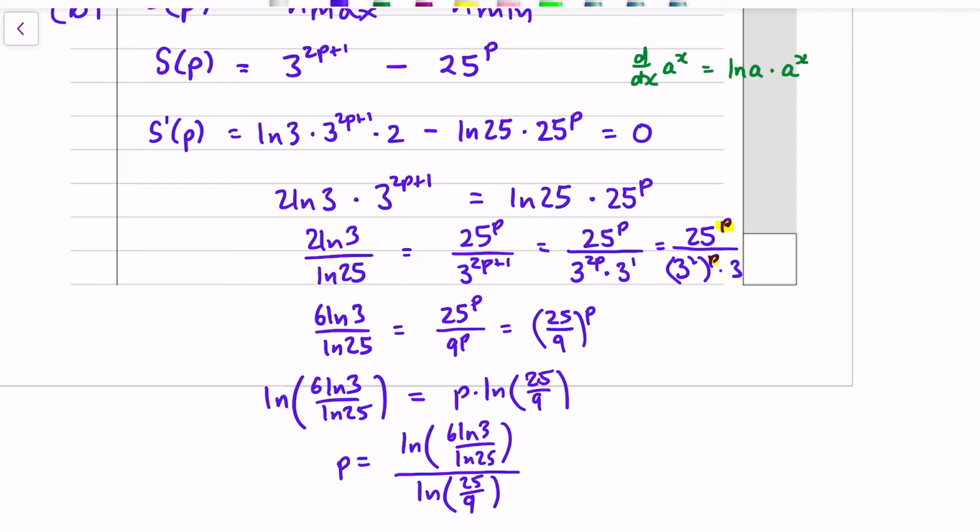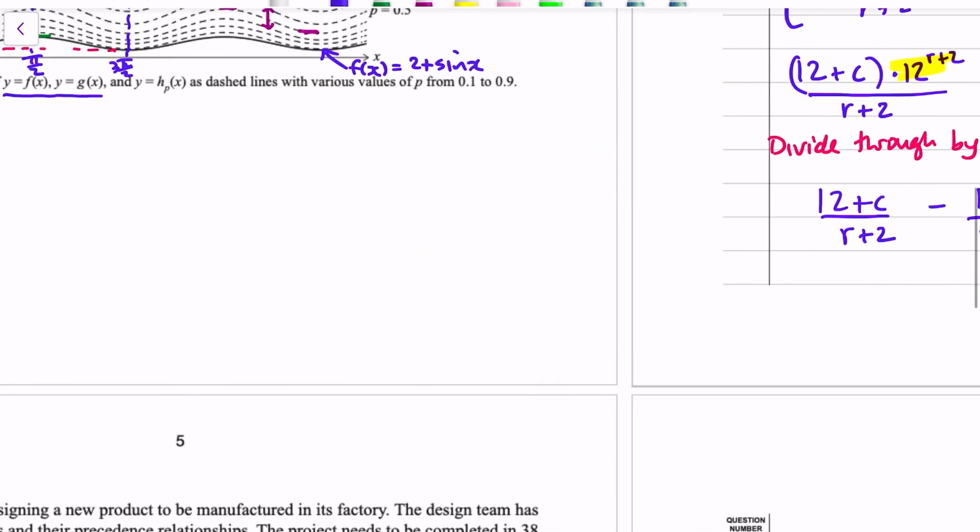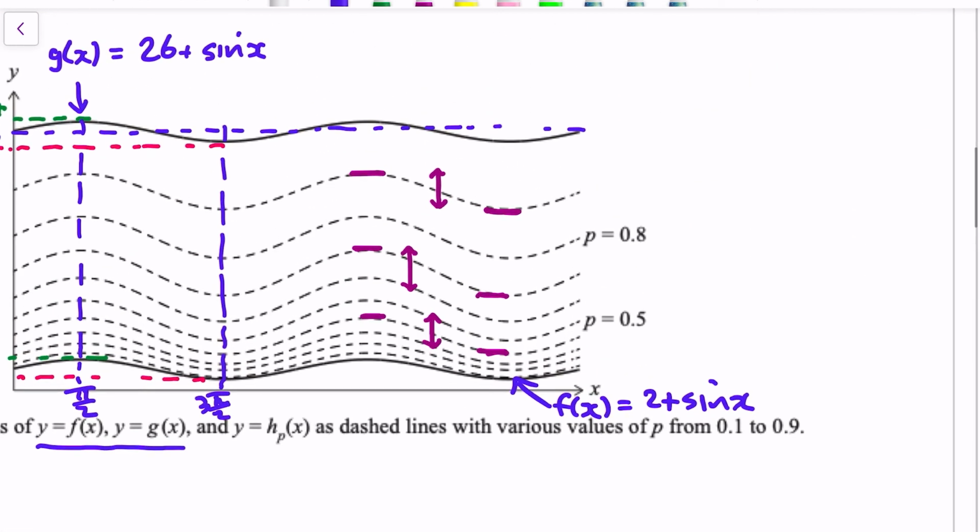Gives me 0.7016 to 4dp. Just checking the schedule. Yep, that's exactly right. And it was inside that region we were looking at between 0.5 and 0.8, where that arrow was the biggest.